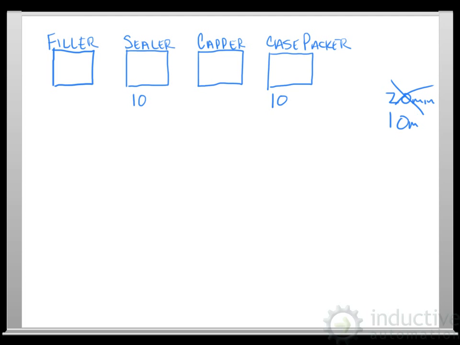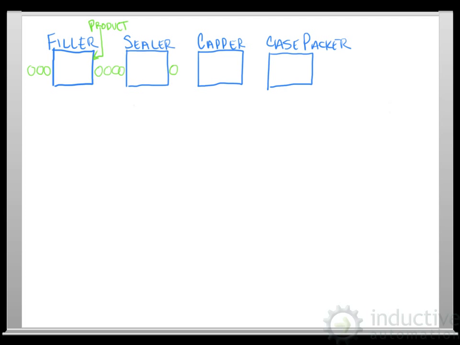So if we look at this a different way, but looking at that same concept, let's draw some product in here first. So we have, let's say, empty containers feeding in here, and we have full containers going out, so we have some product, our raw product, feeding in.